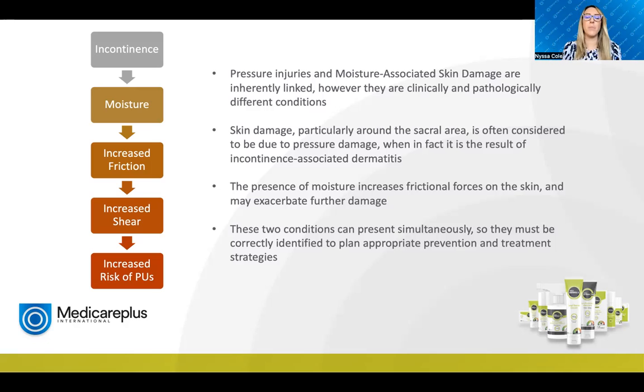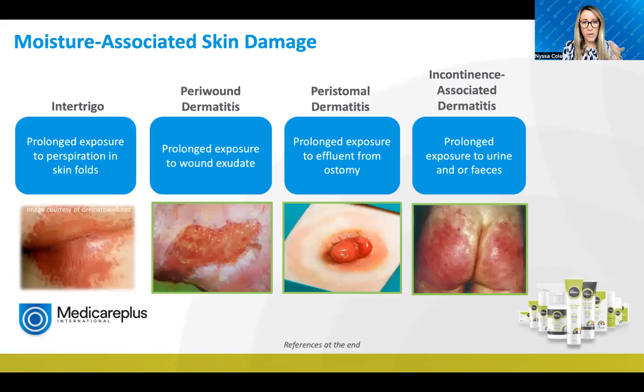And obviously the cost implications as well, because the cost of those treatments can be very, very different. So for example, if you're looking at a tube of cream compared to hiring an air mattress, obviously they're going to be significantly different.